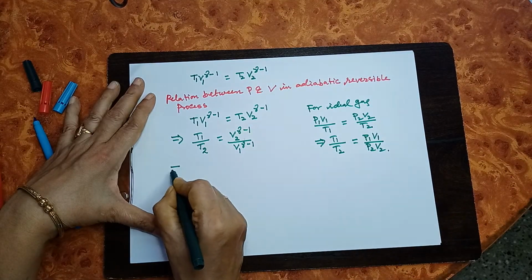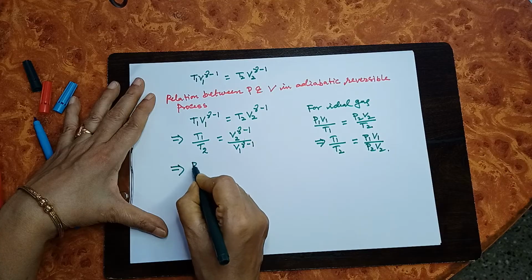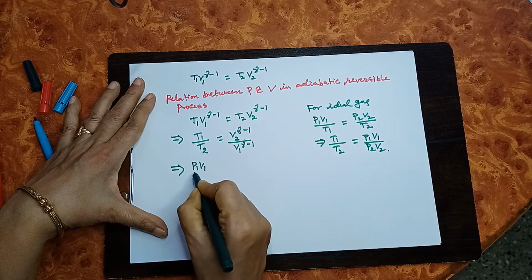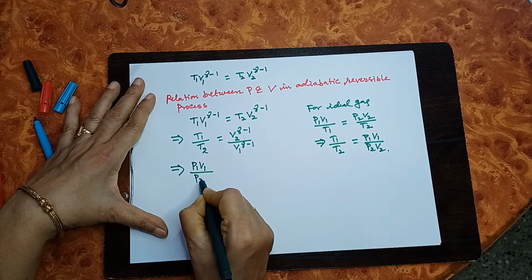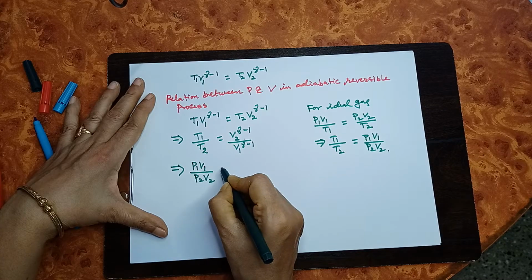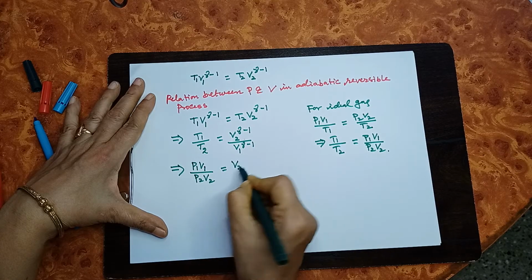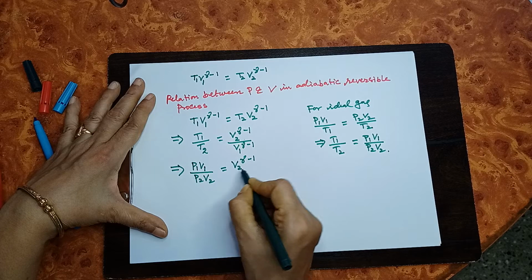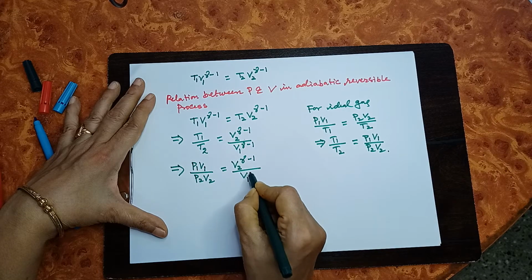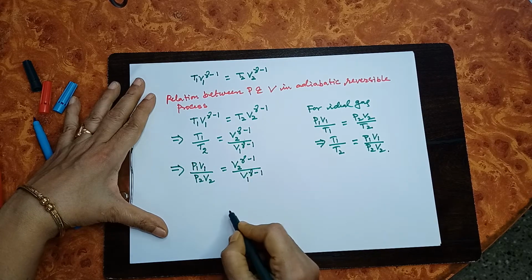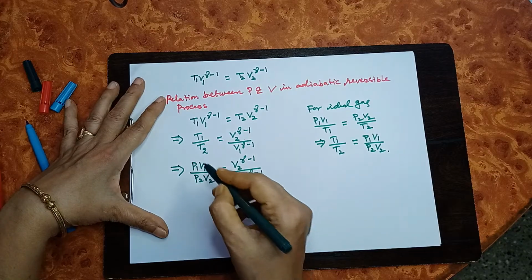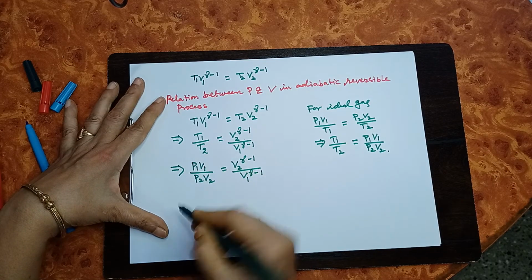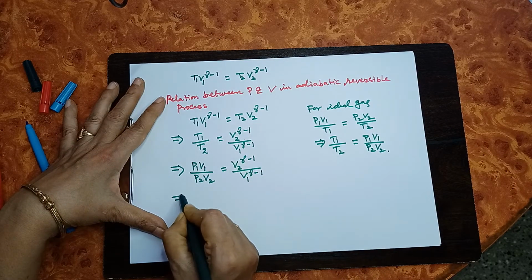So here I can write P1 V1 by P2 V2 is equal to V2 to the power gamma minus 1 by V1 to the power gamma minus 1. Then pressure part I'll keep on one side, volume I'll take on the other side.